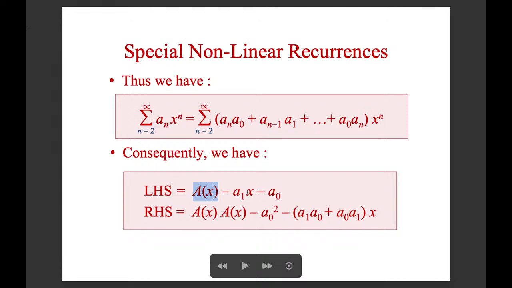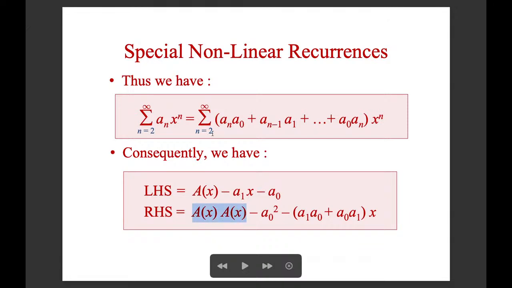So this is A(x) minus the first two terms, a_0 and then a_1 x. And the right-hand side, if we check it carefully, this will be equal to x squared multiplied with A(x) squared. Sorry, I made a mistake. This is actually the coefficient of x to the power n here, so you don't need x squared. It is just A(x) squared.